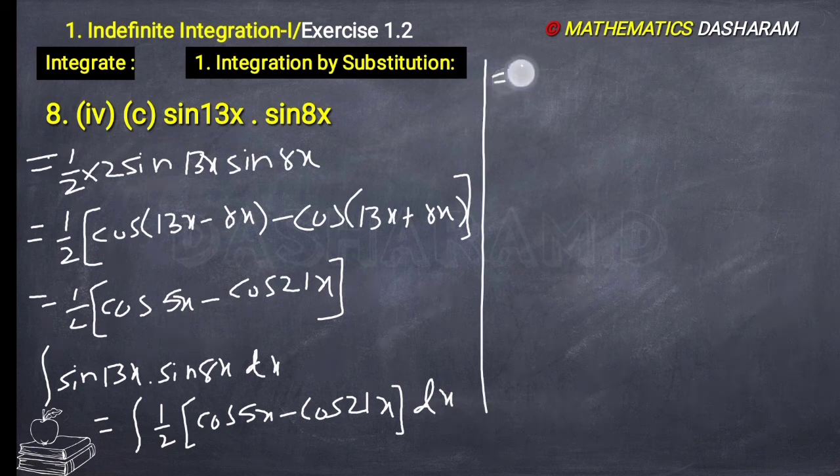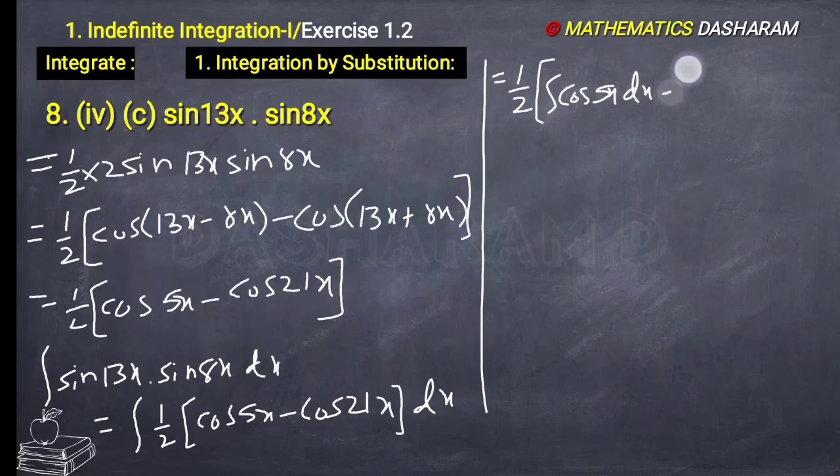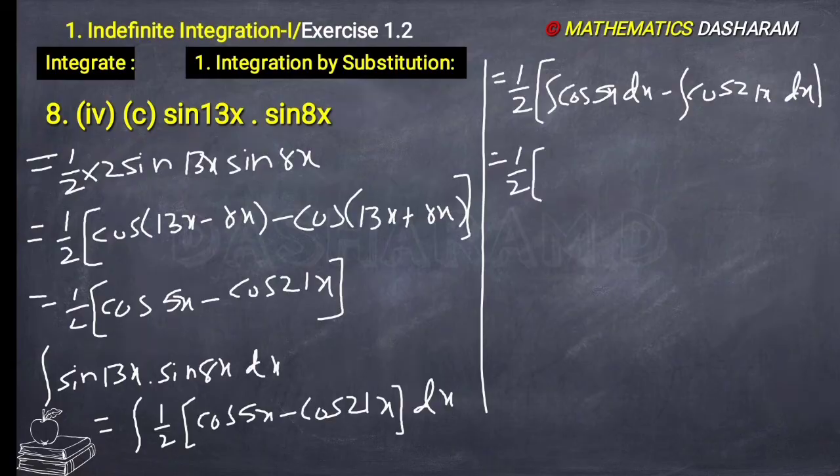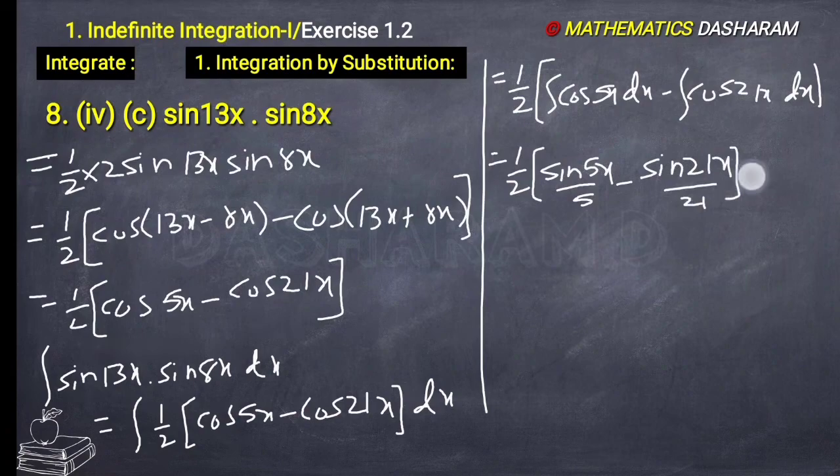So it is equal to 1 by 2 bracket of integration cos 5x dx minus integration cos 21x dx. So 1 by 2 bracket of integration of cos 5x is sin 5x by 5 minus sin 21x by 21 plus c.